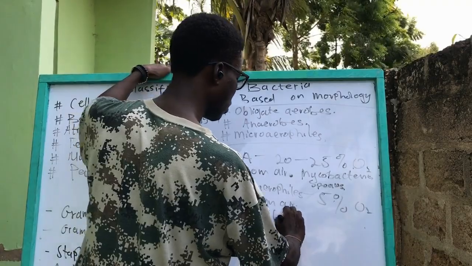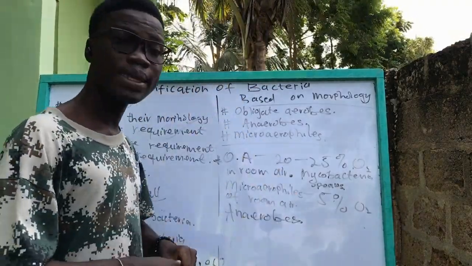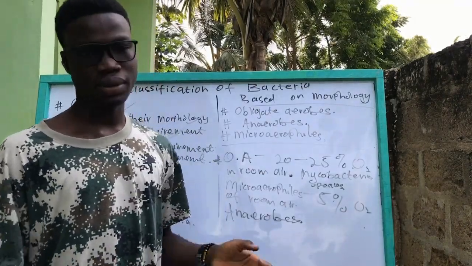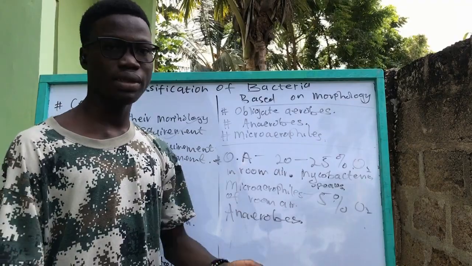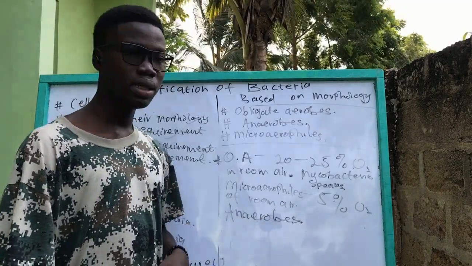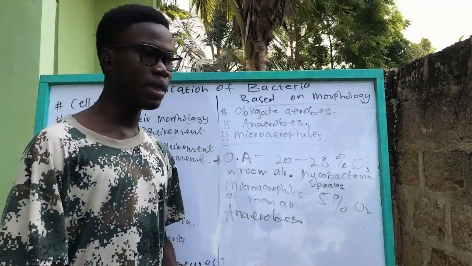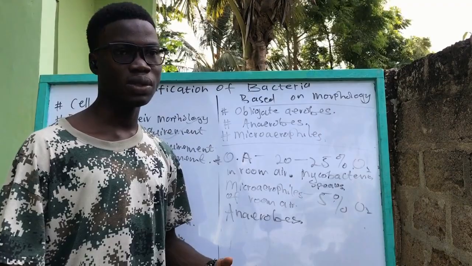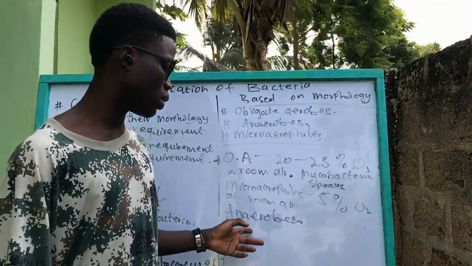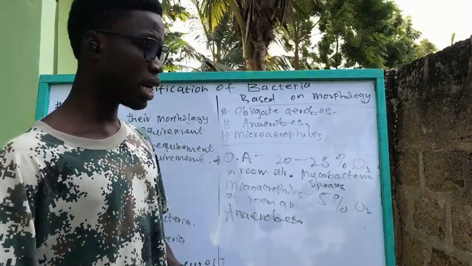Anaerobes. So generally, anaerobes do not require oxygen for them to grow. But then anaerobes can be varied. There are certain bacteria that tolerate certain amounts of oxygen, and there are certain bacteria that do not tolerate it at all. So because of that, the anaerobes have been grouped into other categories.